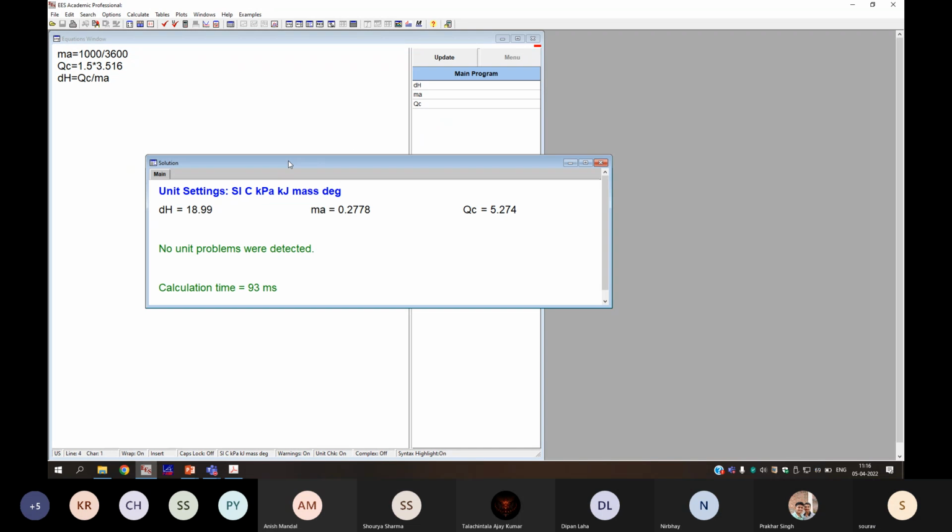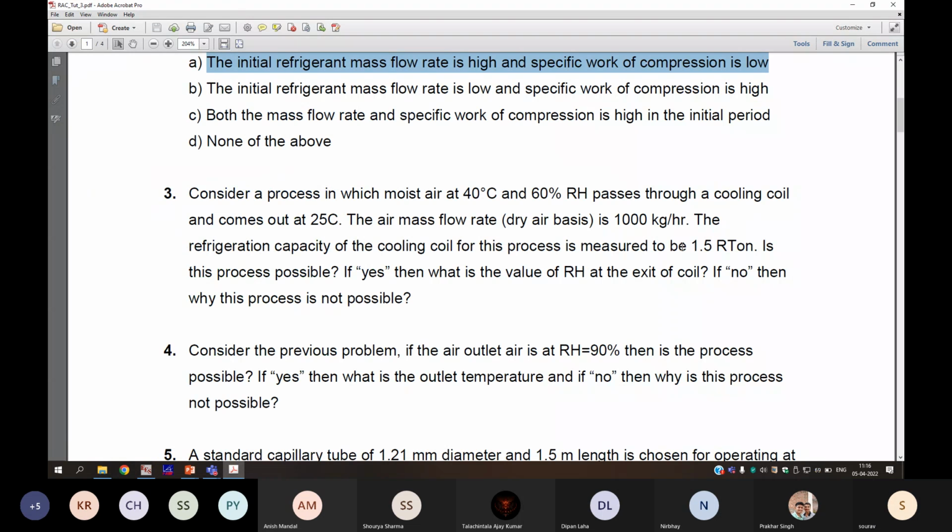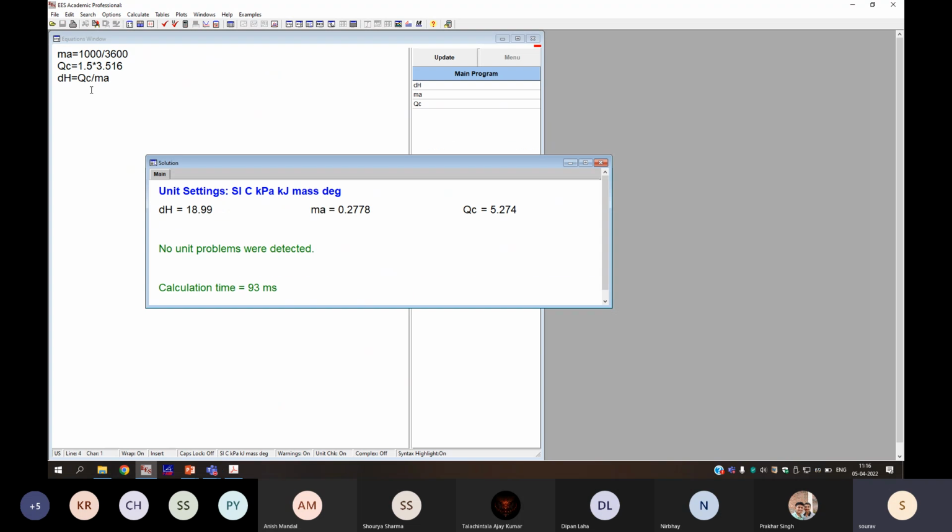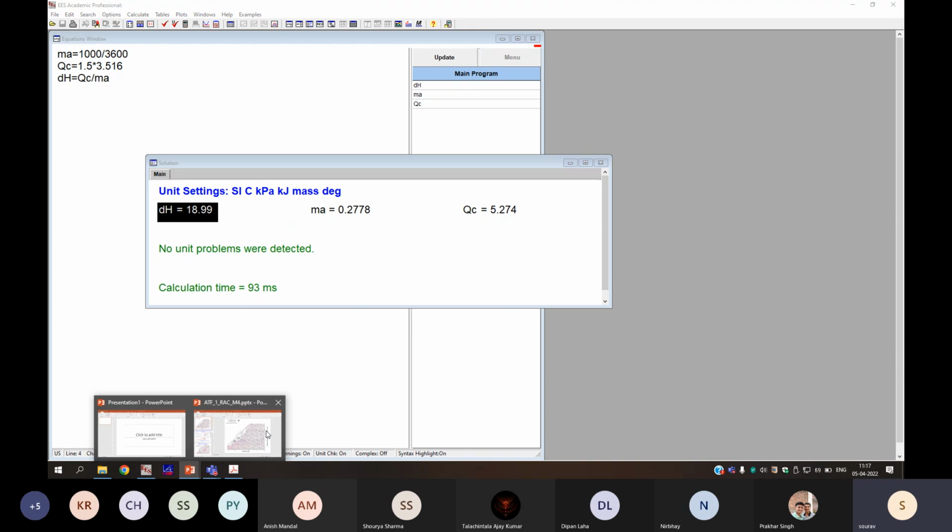Cooling capacity is 1.5 R ton, and 1000 kg per hour is the flow rate. So QC equals MA times delta H. If I divide QC by MA, I get the delta H value, and it gives 19. Is anyone getting this 19? Then we can plot it over here.